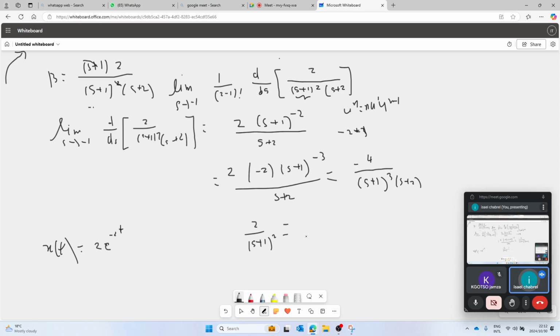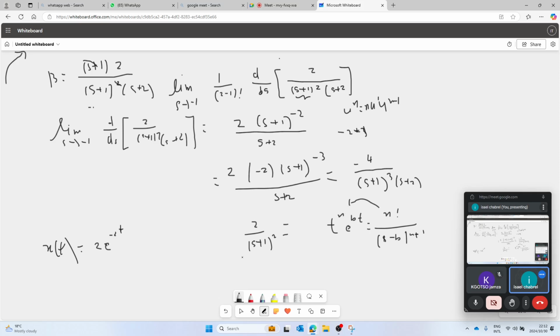According to the formula, when you have t to the n exponential bt, the Laplace is given as n factorial over s minus b to the n plus 1. So this is where we are.